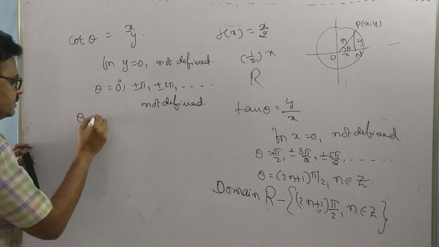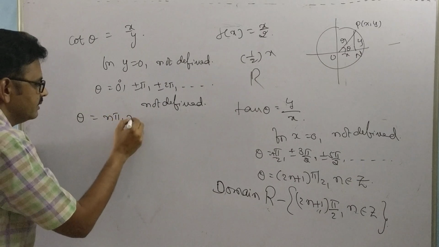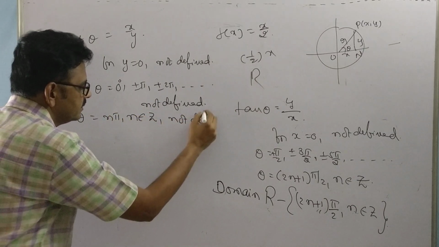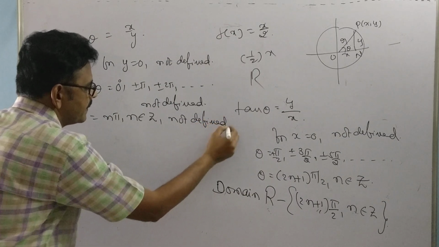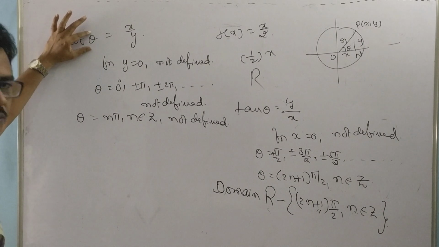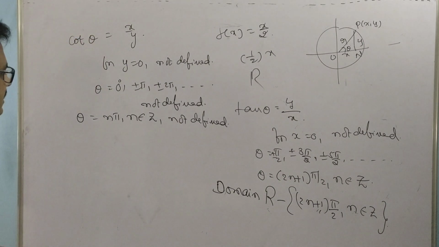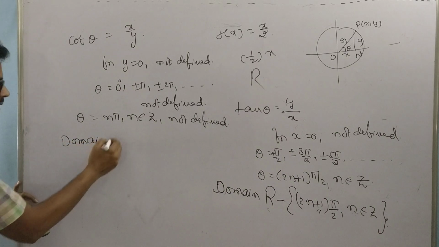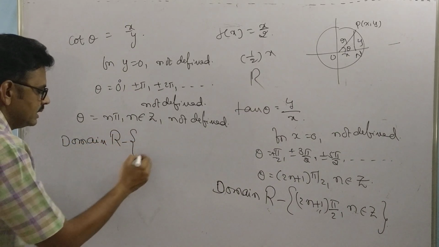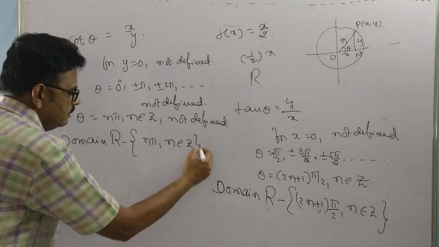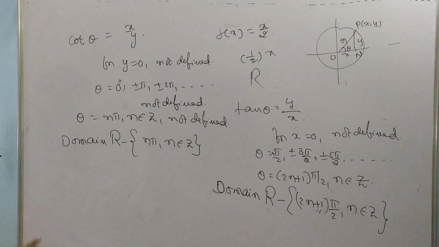Therefore, for theta equal to n pi, where n belongs to Z, it is not defined. Cot 0, cot pi, cot 2 pi, cot 3 pi, not defined. Therefore, the domain is the set of all real numbers excluding n pi, where n belongs to Z.